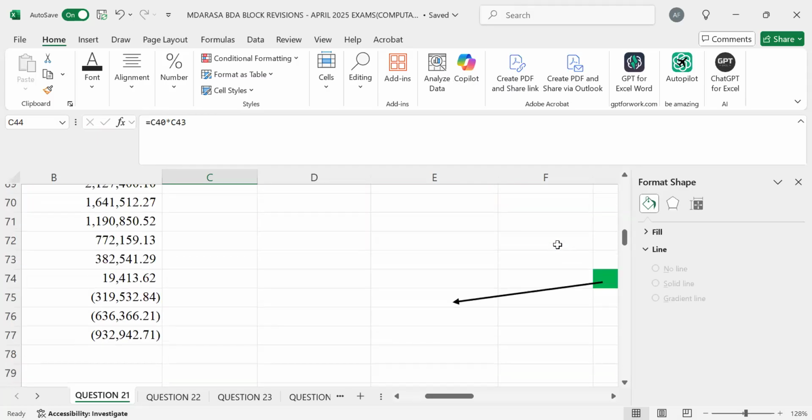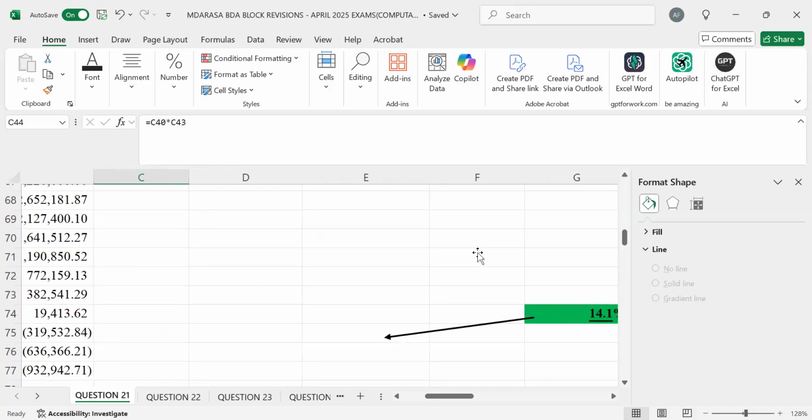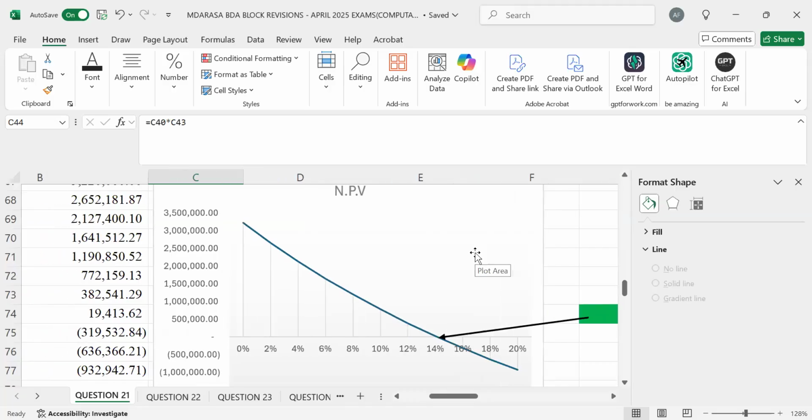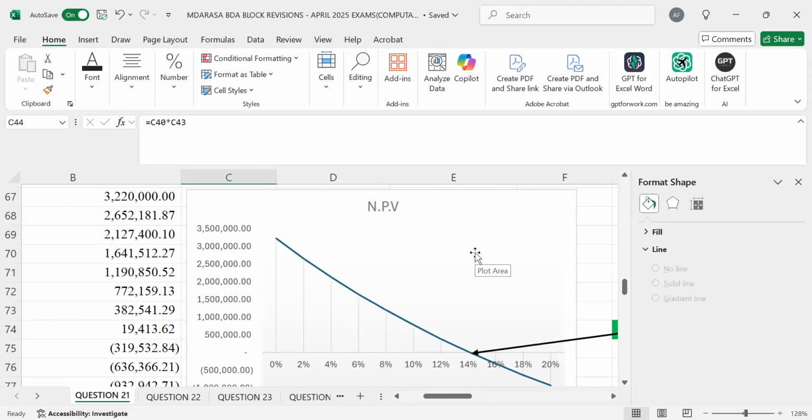Yeah, clear that. NPV, a very interesting area.